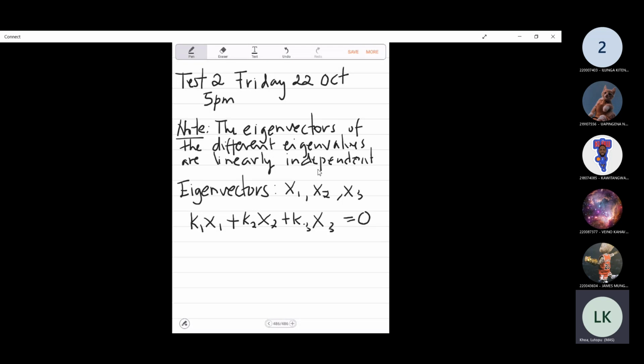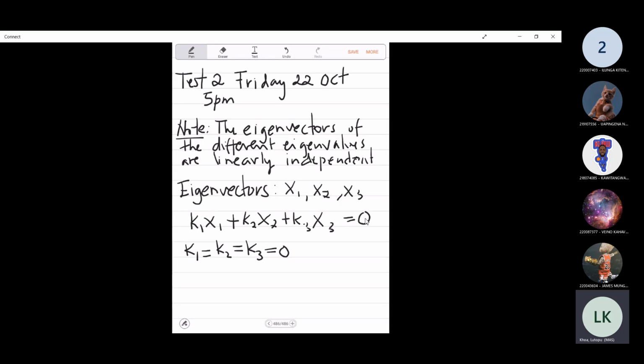Then because they are linearly independent, this means that k1 is equal to k2 is equal to k3, and this is equal to 0. So it is not possible to find constants here that are different from 0 so that when you add these, you get the 0 column vector.